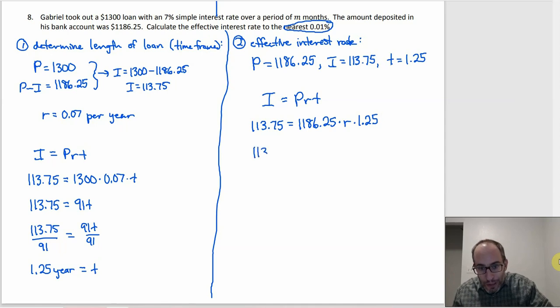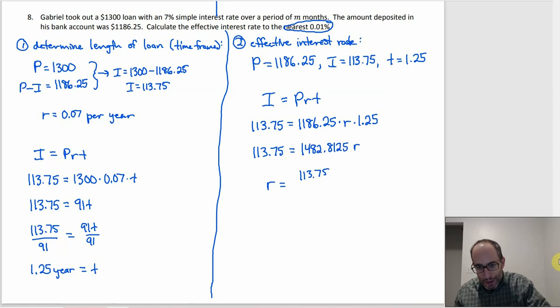So 113.75 equals, if you multiply 1186.25 and 1.25, it's 1482.8125 times R.